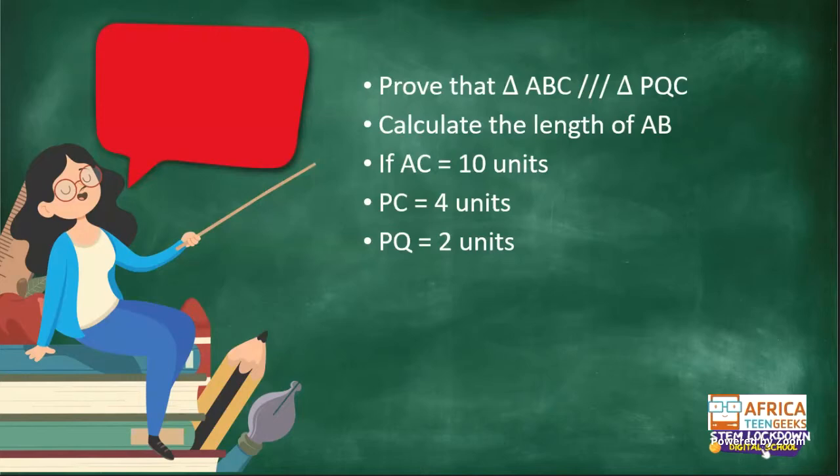So you already have one of the conditions. Angle C is equal to angle C because it exists in both triangles. And then you need to calculate the length of AB if AC is 10 units.